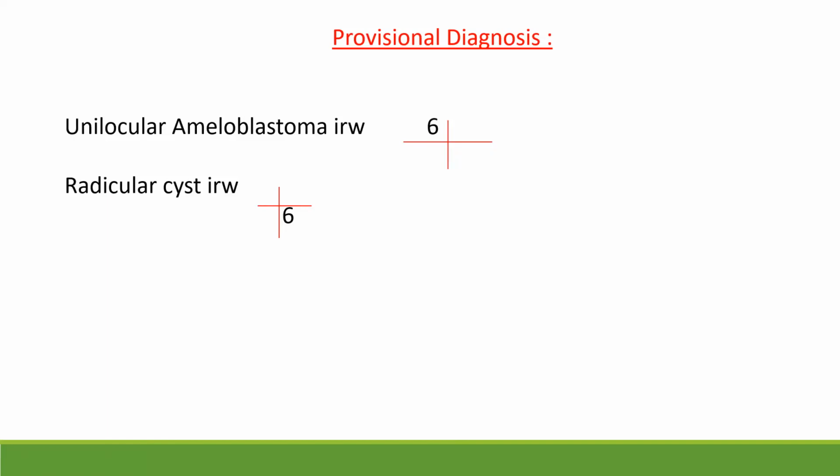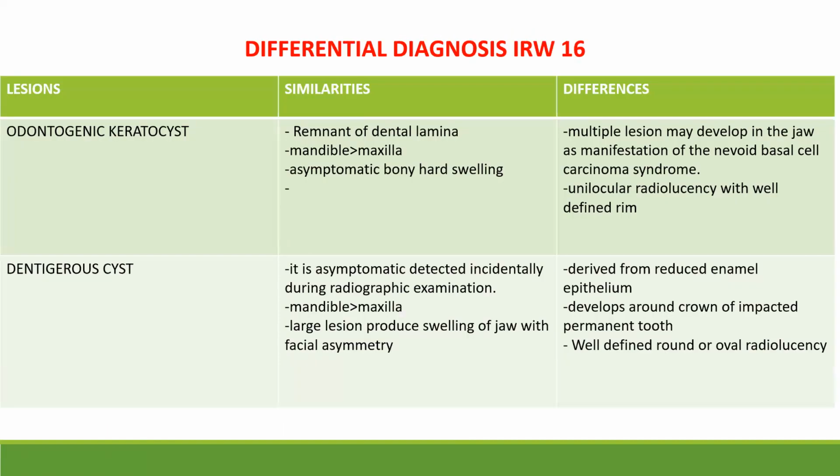On the basis of the above, the provisional diagnosis was given as unilocular ameloblastoma with respect to 1-6 and radicular cyst with respect to 3-6. Now the differential diagnosis.